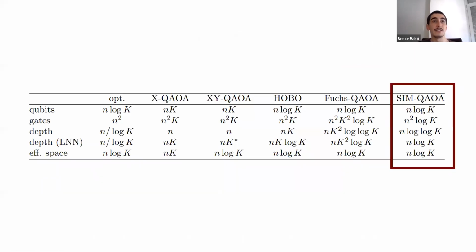And now if we look at the scaling of these quality metrics, we can see that in all of them, it reaches near optimal values, and it reaches the lowest of all in the depth on LNN and in the number of gates.